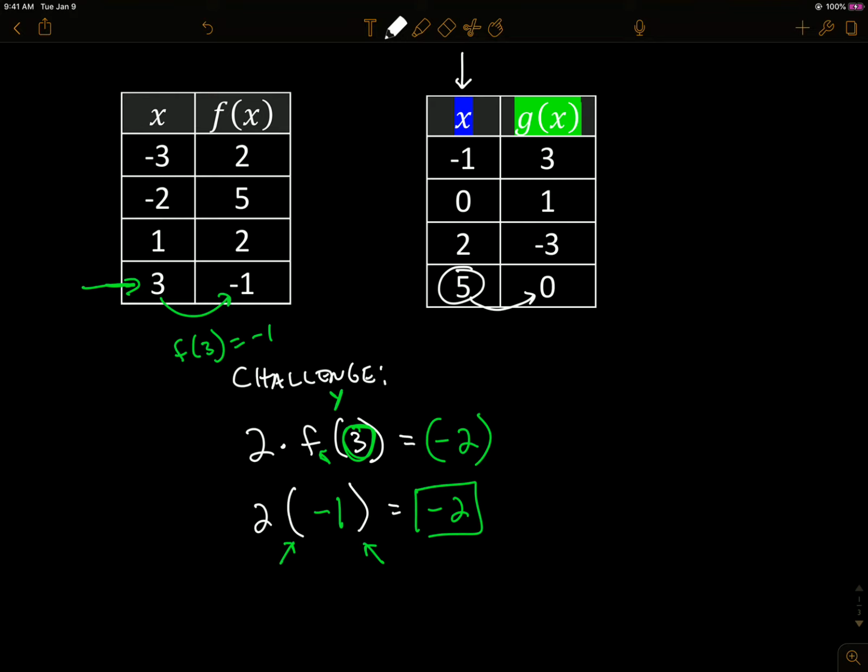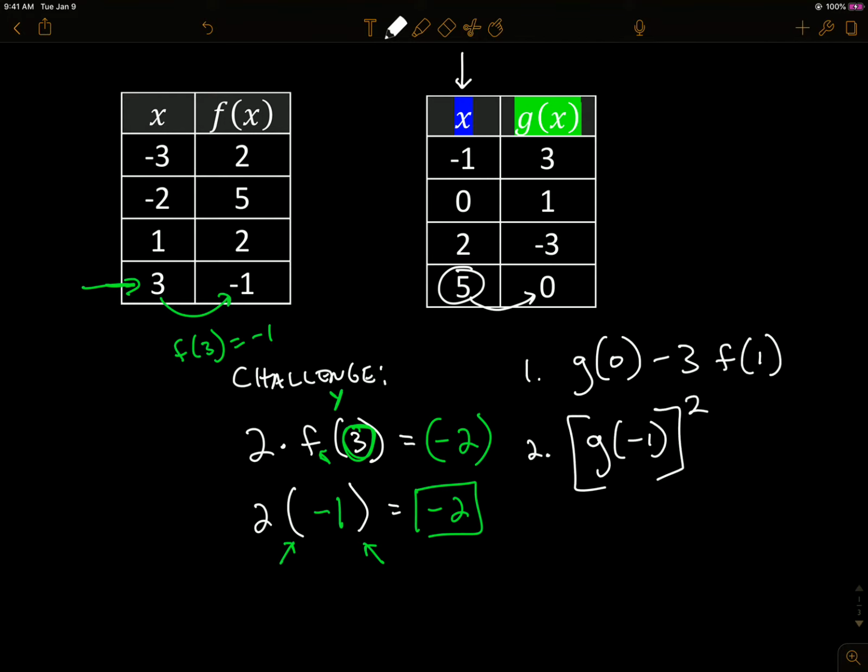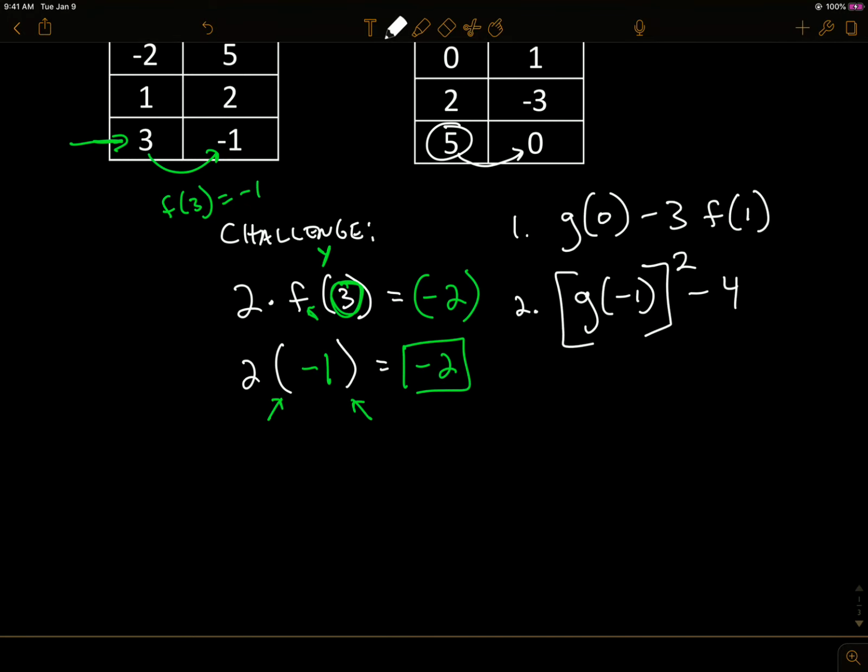Let's see if you can do g of 0 minus 3 f of 1. That's number 1. Number 2, let's see if you could do g of -1 squared minus 4. Let's see if you can do f of 4 plus g of 2.